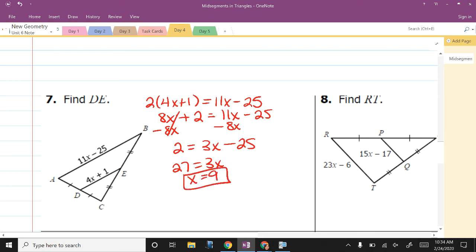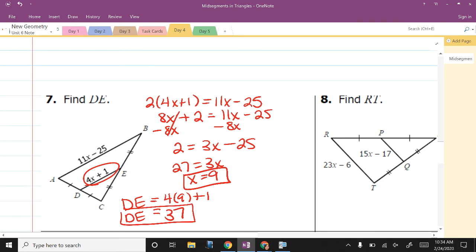Do I stop there? No, they want me to find the length of DE. Now, how do I find the length of DE? I plug it into 4x plus 1, and now we know 9 is x, so 4 times 9 plus 1, which is 36 plus 1, which is 37.